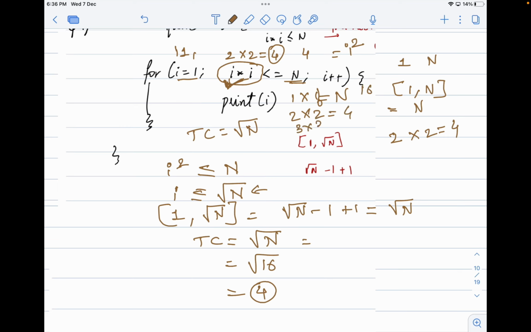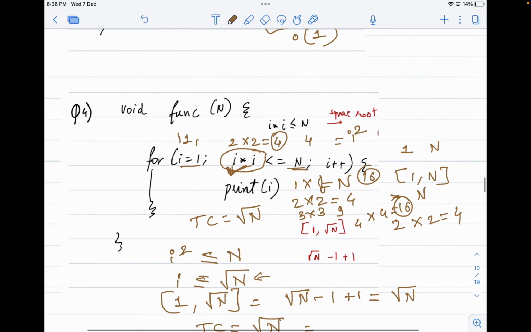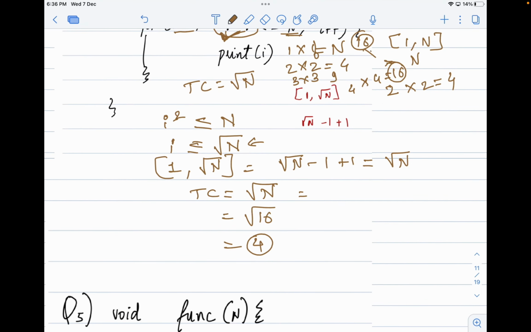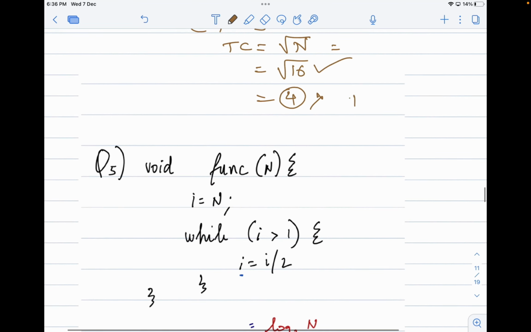And 3 into 3 is 9. Now 4 into 4 is what? 16. Got it? Now 16 got matched and the iterations stop. So how many iterations were taken for 16? Only 4. So if you pass 16, the iterations will be 4. So TC will be, again I am saying, square root of n.